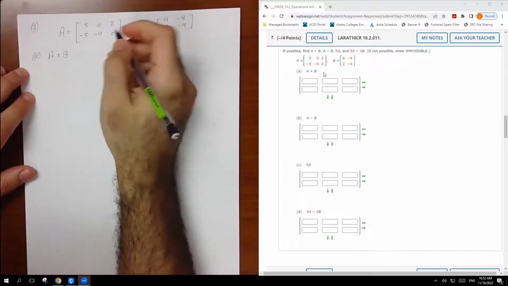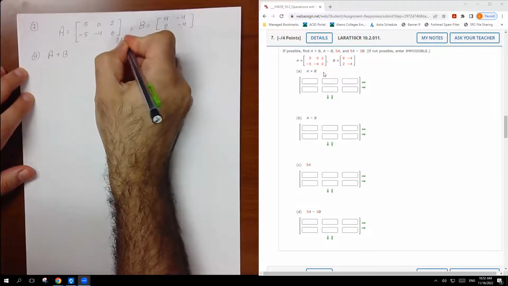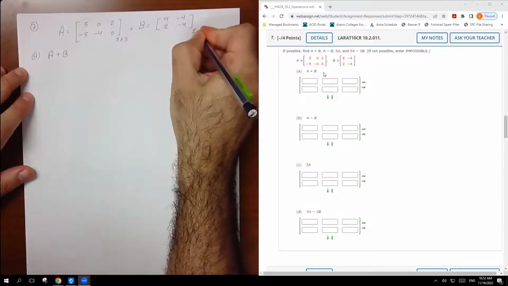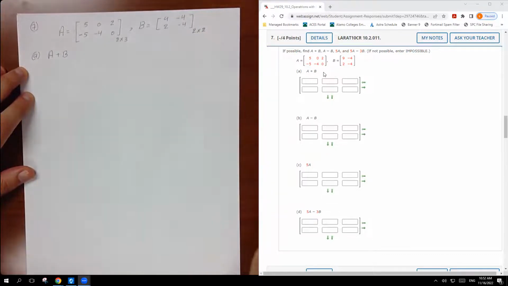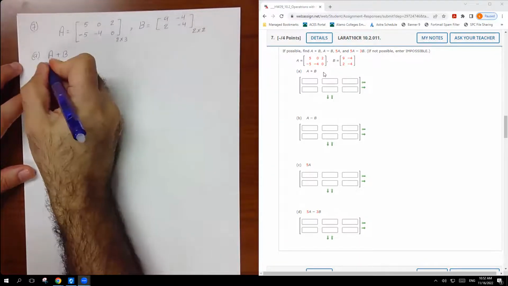The dimension for this matrix, we have 2 rows and 3 columns. And the dimension here, we have 2 rows and 2 columns. They are totally different dimensions. So we can't add these two matrices. So I can't find the addition.